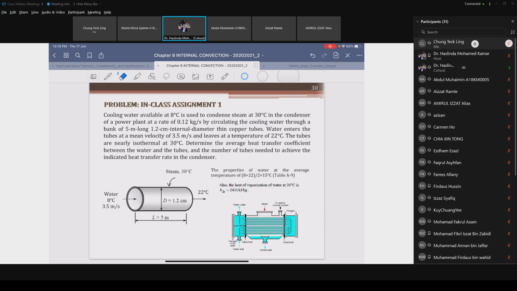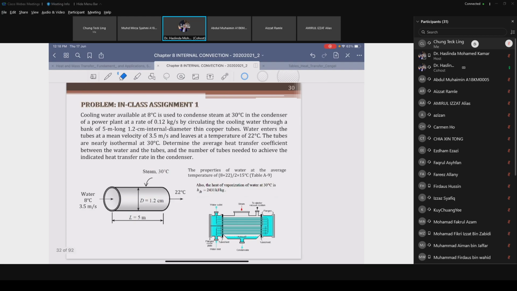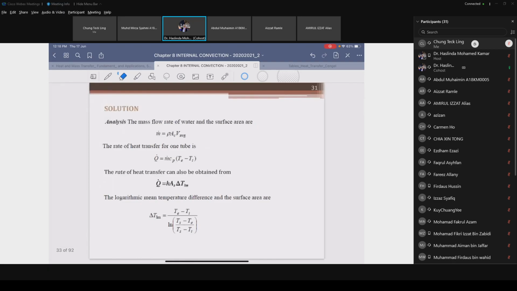So determine the average heat transfer coefficient between the water and the tubes and the number of tubes needed to achieve the indicated heat transfer rate in the condenser. Okay, now if you look at this solution, do you have this in your lecture notes? Okay, if you have, good, because I have helped you arrange the steps or procedures to solve this problem systematically, step by step.